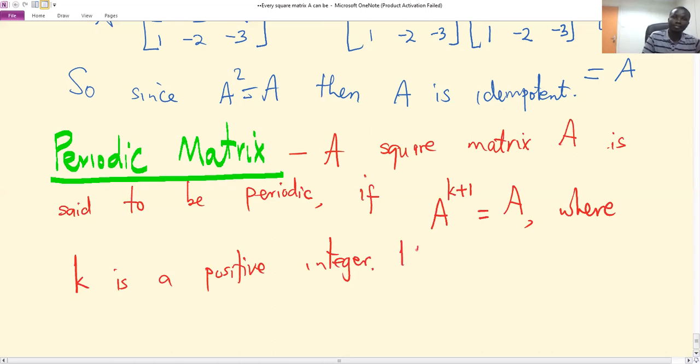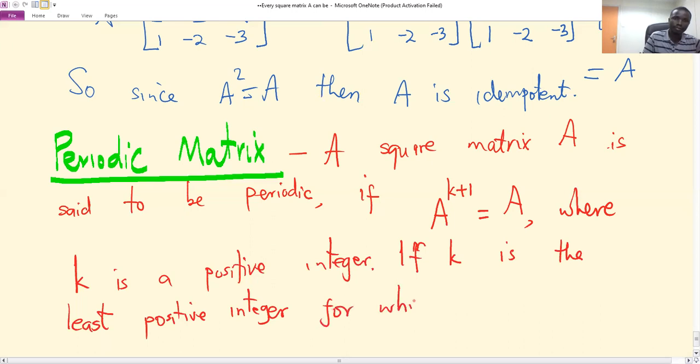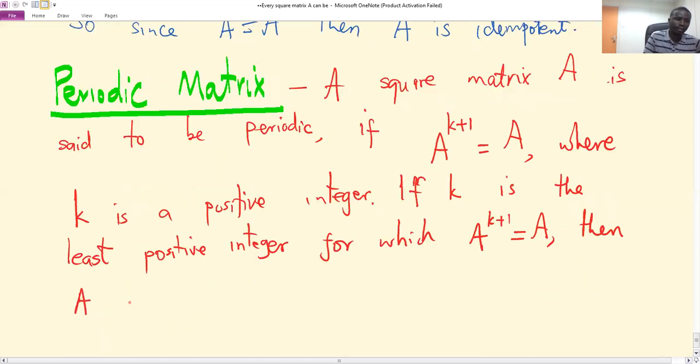And if k is the smallest positive integer for which A raised to the power k plus 1 equals A, then A is said to be of period k.